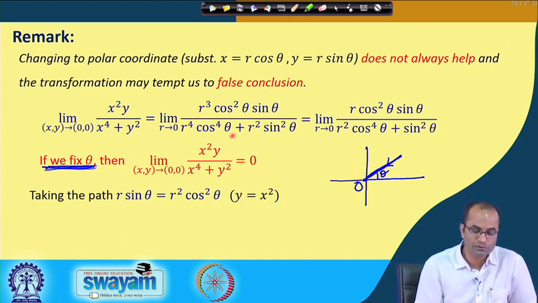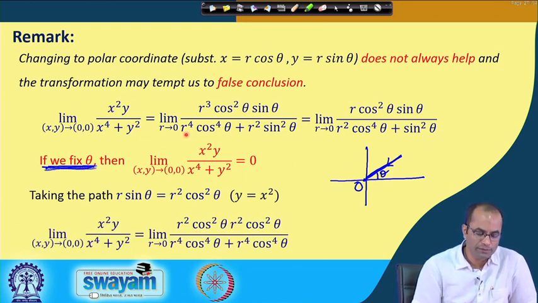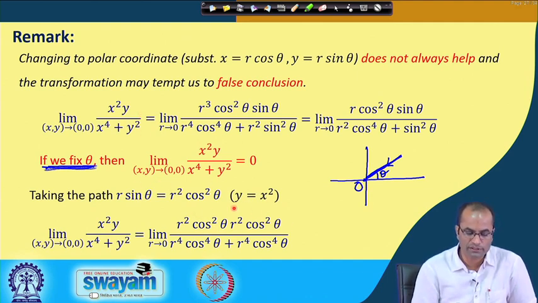In this case, if we choose this particular path y is equal to x square, or in polar coordinates r sin theta is equal to r square cos square theta, then this limit, as r goes to 0, has x square as r square cos square theta, and then this r sin theta is replaced with r cubed cos square theta, same thing here r square cos 4 theta. So, now what are we getting here? It is r 4 cos square theta, and again cos square theta and cos square theta.